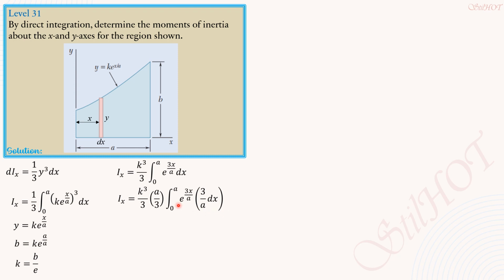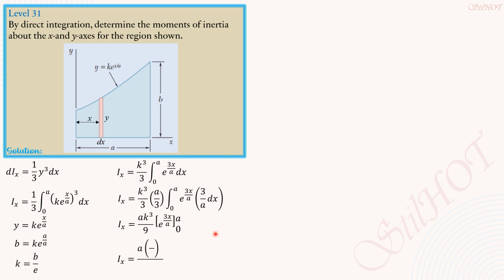So this is in the form e^u du, and the integral of e^u du is just e^u. So Ix is a k cubed over 9 times e^(3x/a) from 0 to a. So e^(3a/a) is e cubed, minus e to the 0, which is 1.